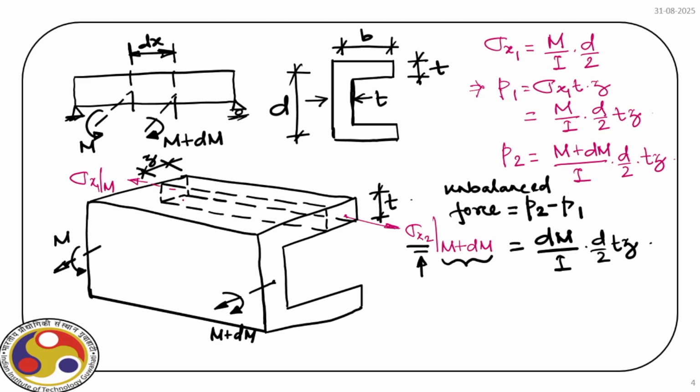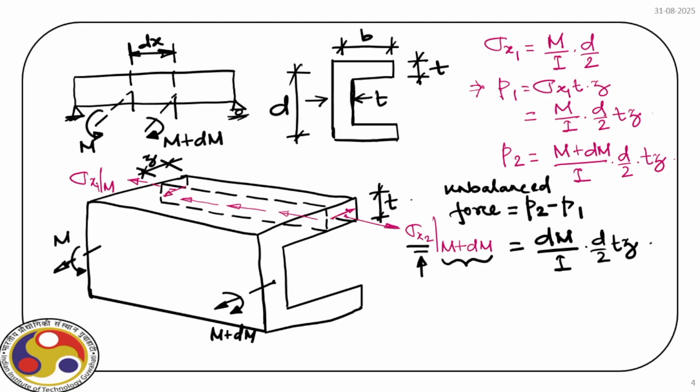So to prevent the sliding, the shear should act along this direction. Therefore, on this face we have shear going this way, and on the opposite face it will come this way.